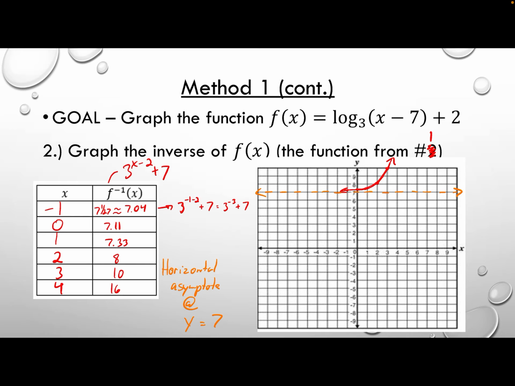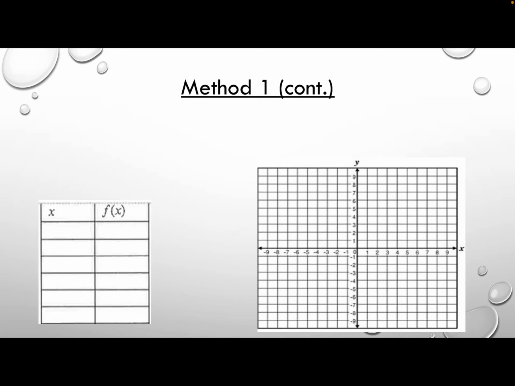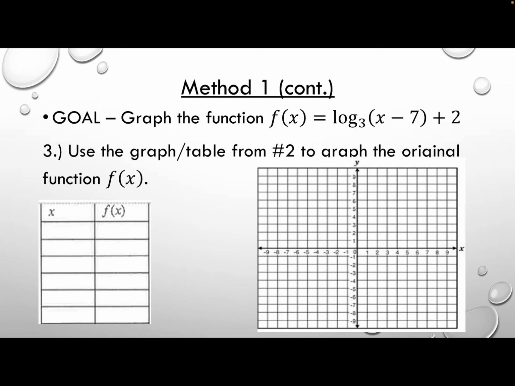What is true about inverse graphs is that the points of inverse functions are just reverses of each other. You just literally switch the x and y values and boom, you have the points for the respective graphs.